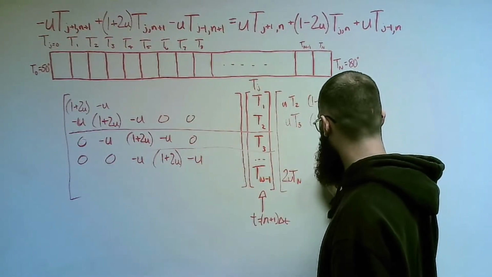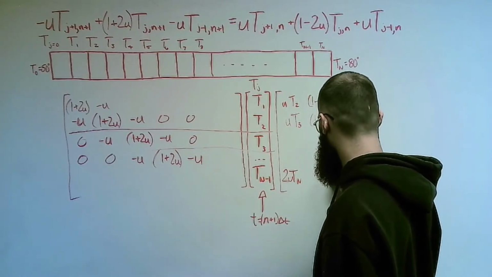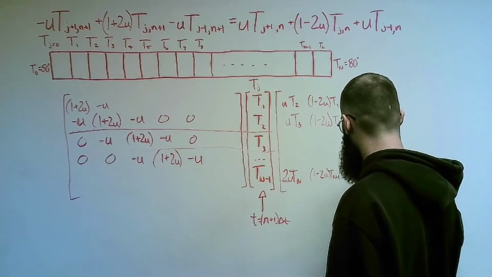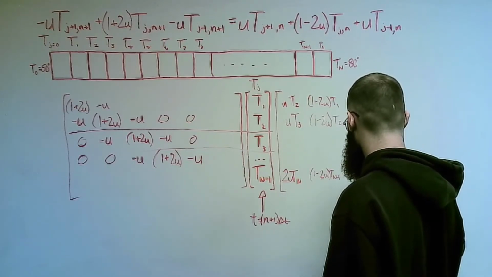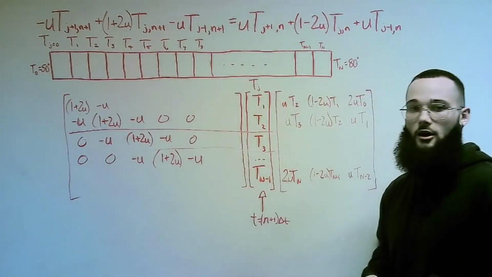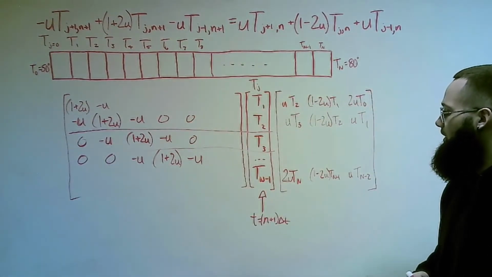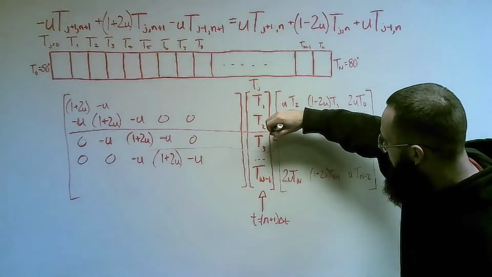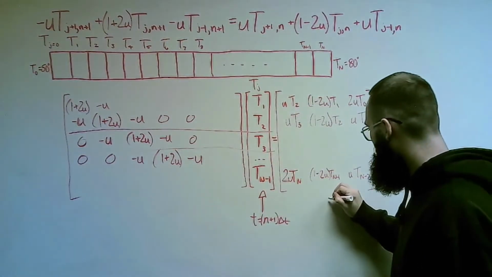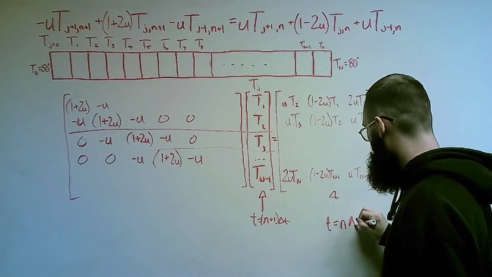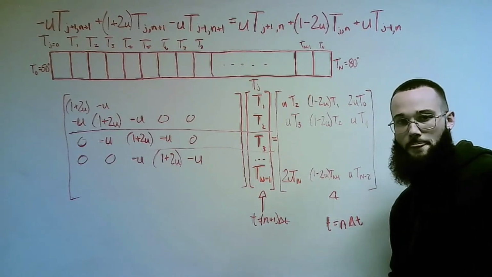And then we'll have 1 minus 2u Tn minus 1 and u Tn minus 2. So this is going to be our final matrices and vectors. And of course, this is where the equal sign is. And all these times over here are at t is equal to n delta t.